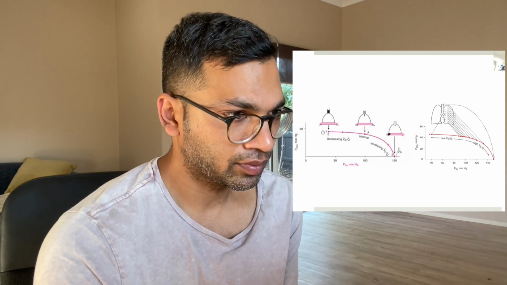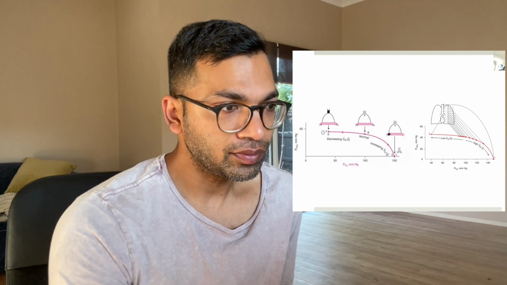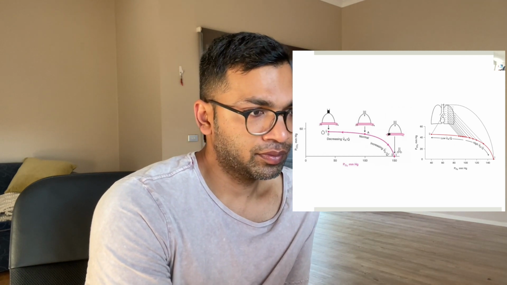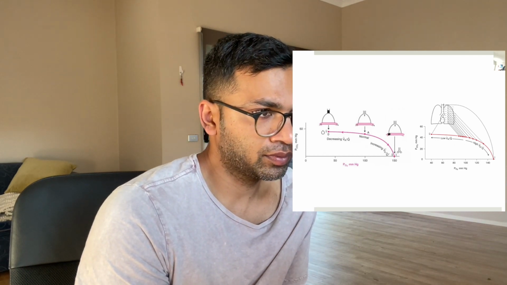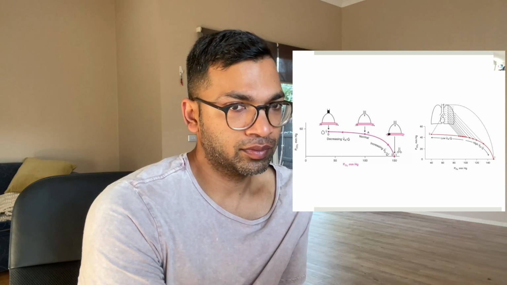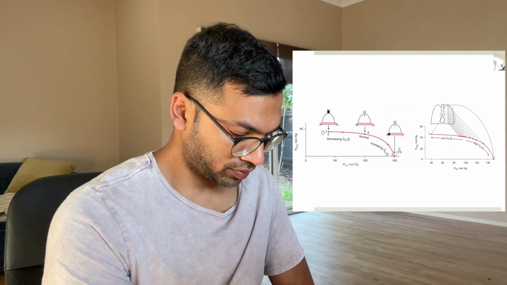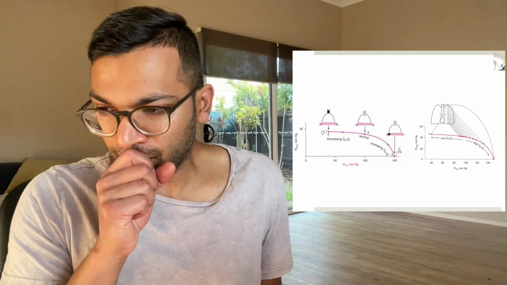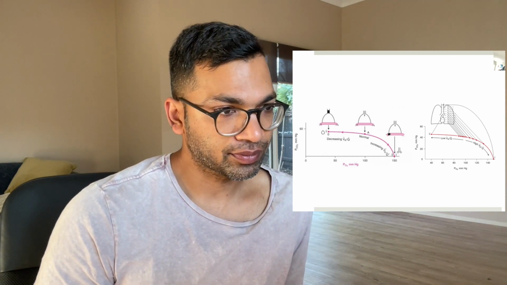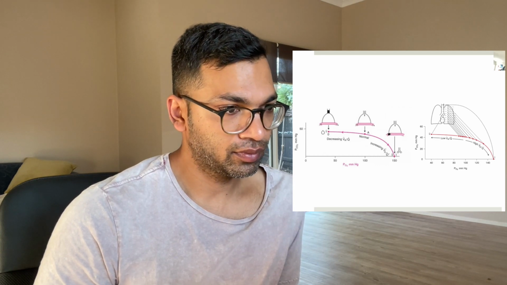In true shunt, it's essentially akin to sampling the right heart, and with an infinite VQ, you're essentially sampling conducting airway.